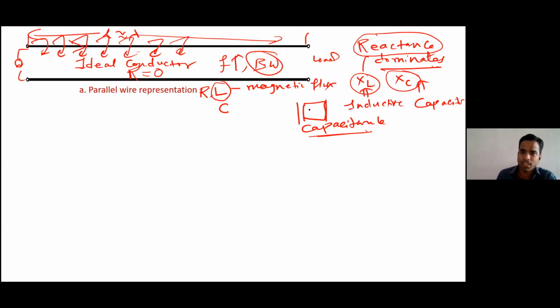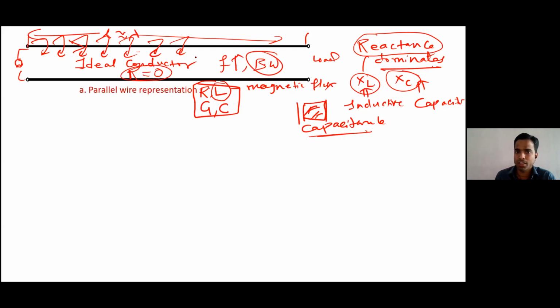And obviously the dielectric material is not ideal, so it will also have some conductance. So basically these four parameters come into the picture: R, L, G, C. Resistance, because the conductor is not ideal.